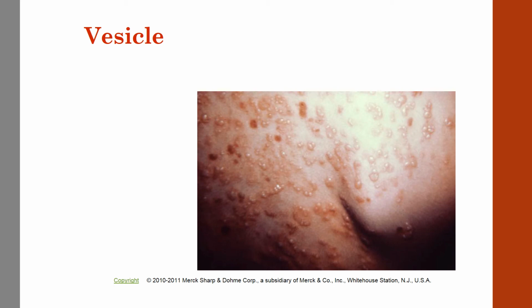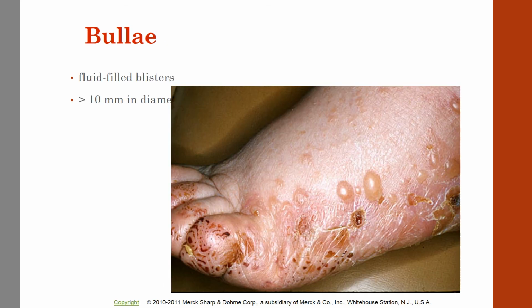So vesicles are filled with fluid, but what kind of fluid? It's clear fluid. Okay. Bullae is a bigger vesicle, more than 10, a fluid-filled blister.